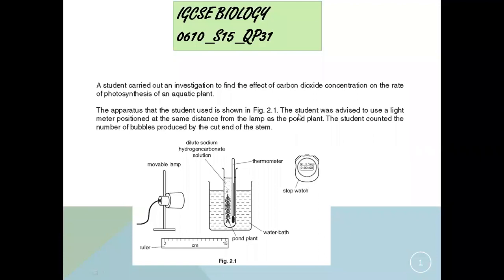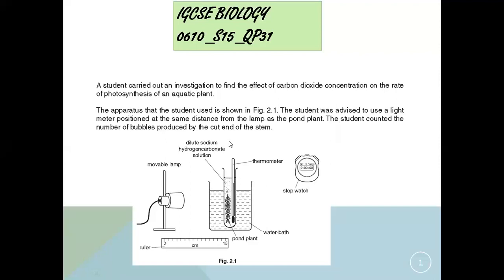The student was advised to use a light meter positioned at the same distance from the lamp. This is an important point. The student counted the number of bubbles produced by the cut end of the stem of the pond plant.